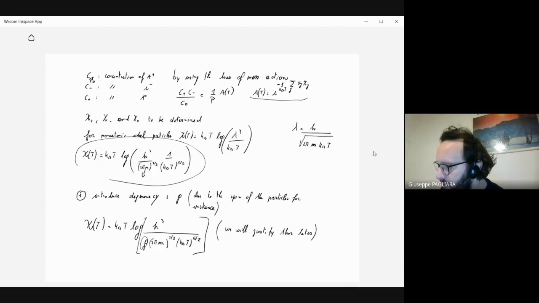Let me see how I call it, E0,0 and E0,plus. Suppose that these two quantities are the ground state energy of neutral atoms and of ionized atoms.